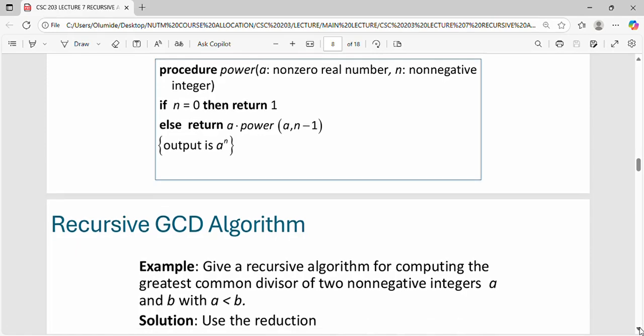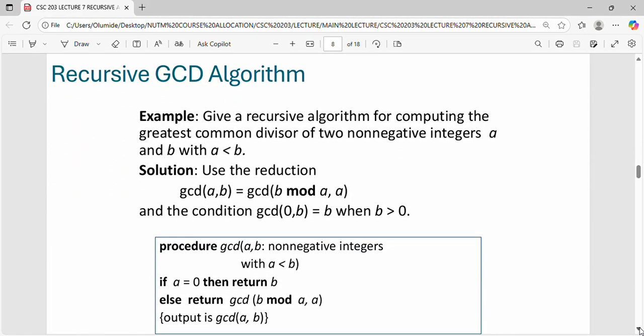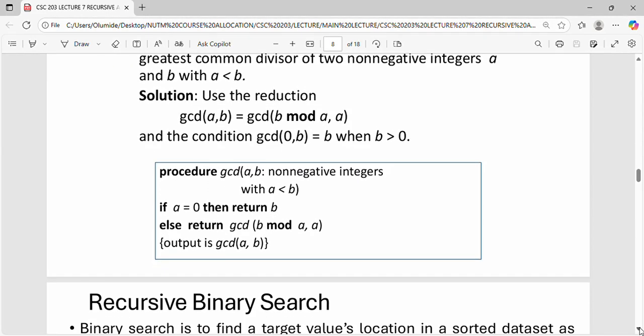Okay. Now let's look at the recursive GCD. And what is GCD here? Greatest common divisor. Example: give a recursive algorithm for computing the greatest common divisor of two non-negative integers a and b with a less than b. Solution. Now we use the reduction, that is GCD(a, b) is equal to GCD(b modulo a, a). Right.